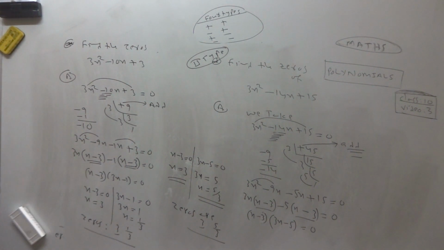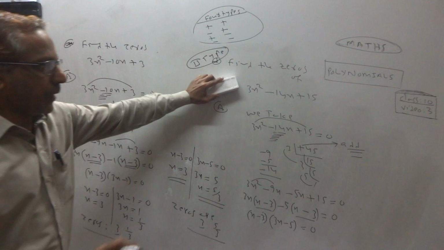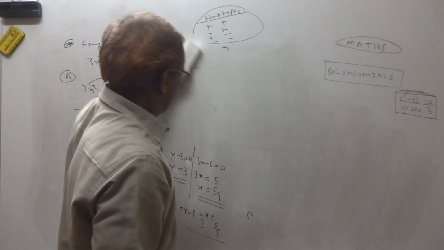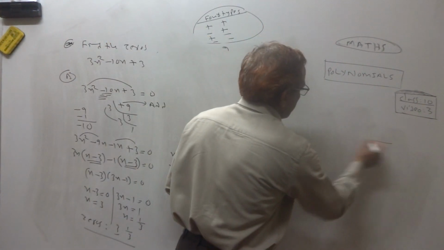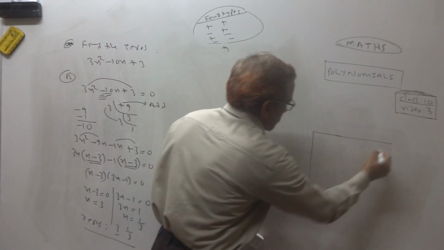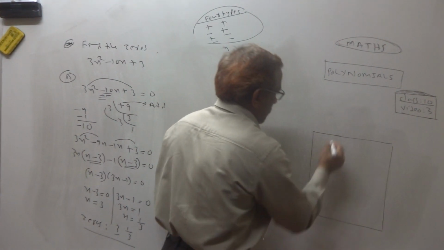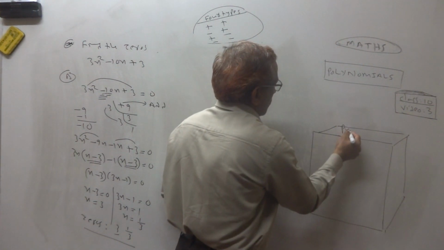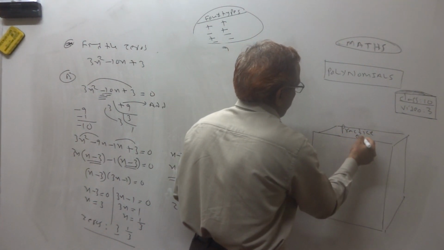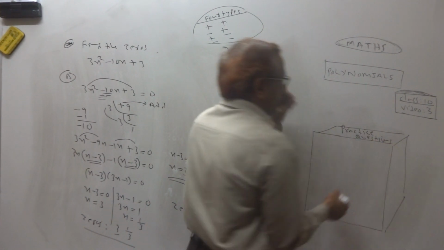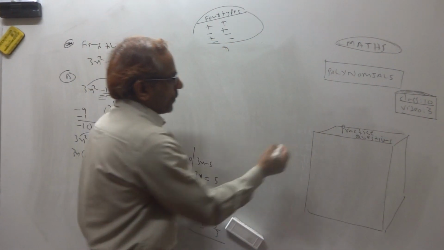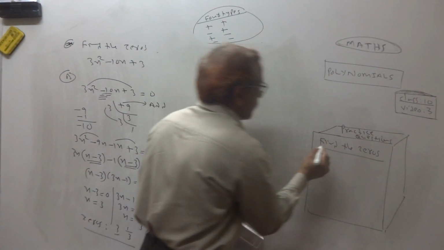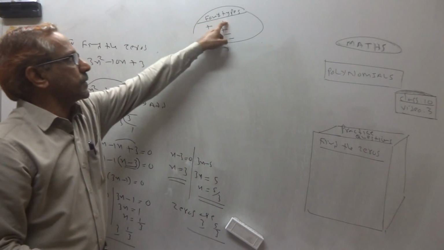Okay. So I am giving 4 practice questions. These are practice questions. For this video 3, find the zeros. So today we covered two types, plus plus and minus plus.